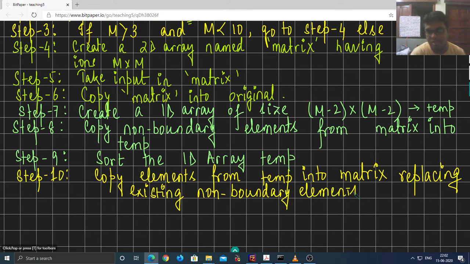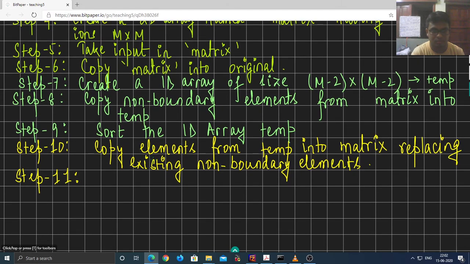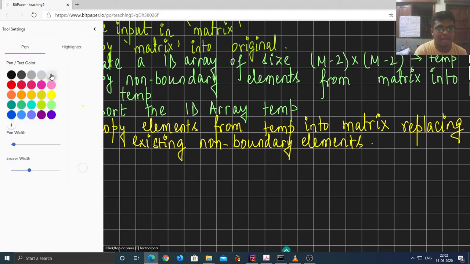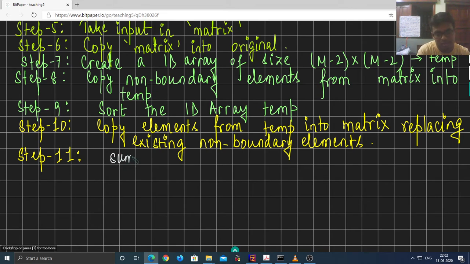Now that that's done, we need to find the sum of the diagonal elements. Now here, we need to be a little explicit. How so? We'll have two variables, sum left diag equals 0, comma, sum right diag equals 0.